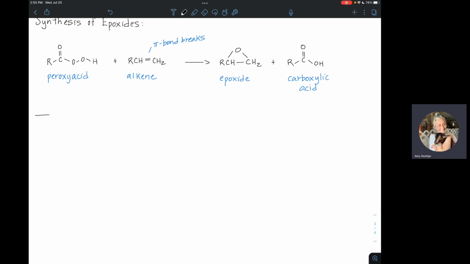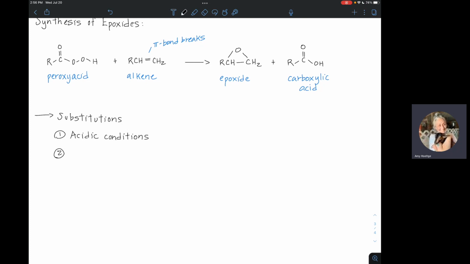So let's do substitution reactions with these. We'll do acidic conditions. And I separate these because it matters which carbon gets attacked. Not the same carbon will get attacked under acidic conditions as neutral or basic.